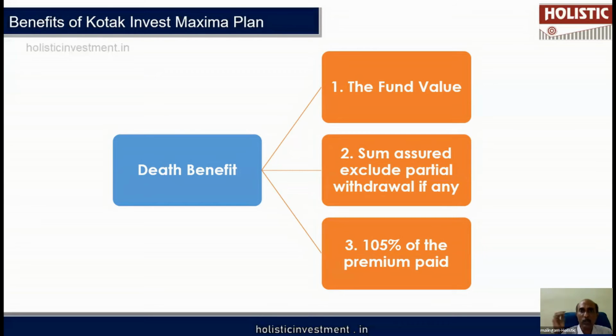This is the first value calculation. Second calculation, sum assured. Third calculation, 105% of the total premiums paid. Out of these three values, whichever is higher, that will be given as the death benefit to the nominee in case of unfortunate death of the policy holder.